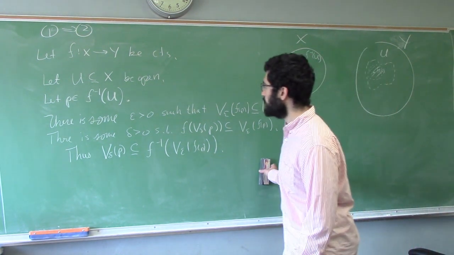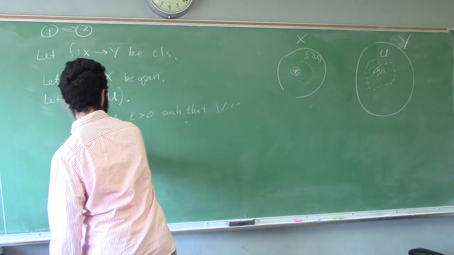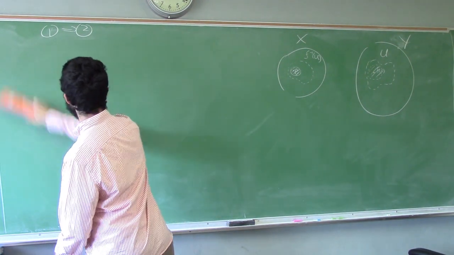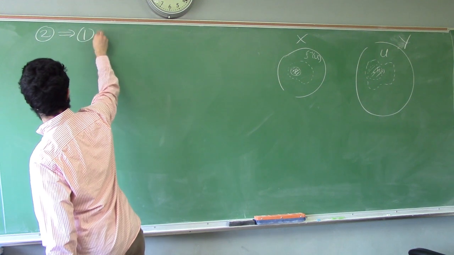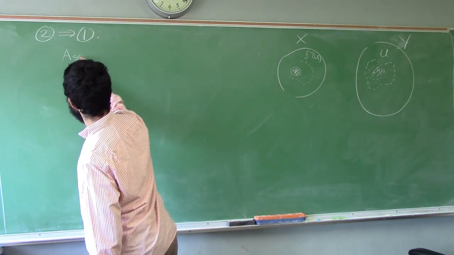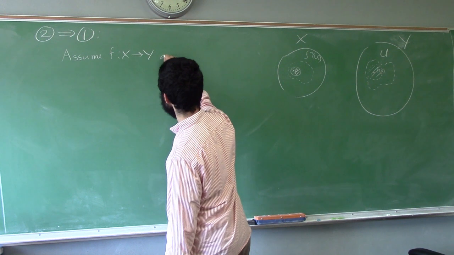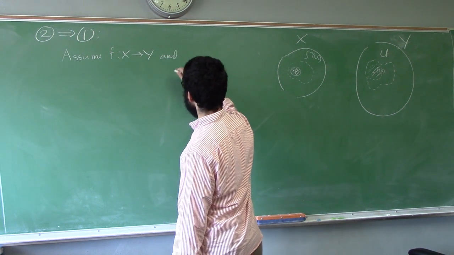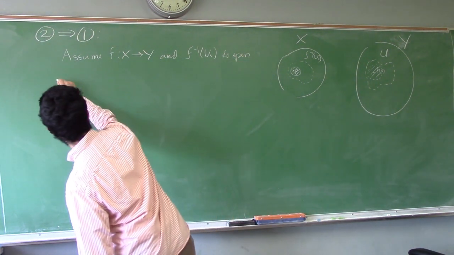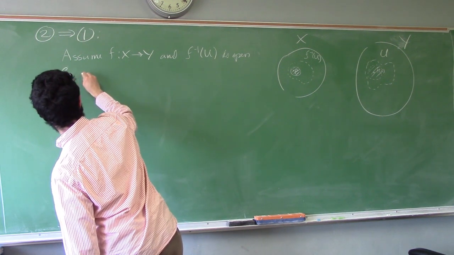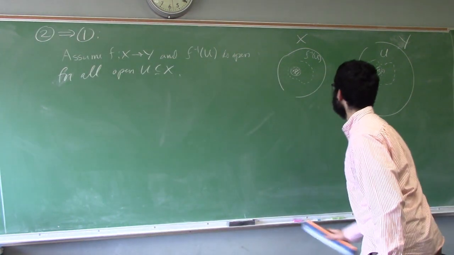Okay, let's prove 2 implies 1. So assume f maps a metric space X to a metric space Y, and the preimage of U is open for all open subsets U of Y. And let's reset this picture.